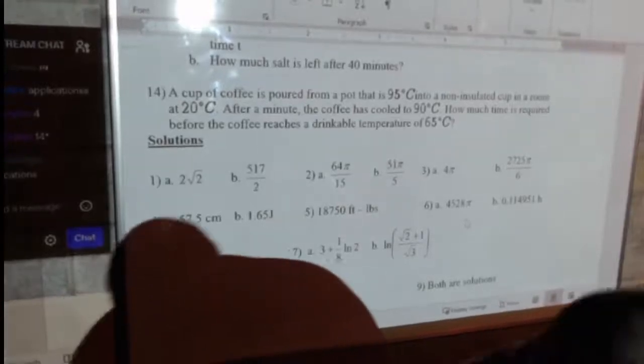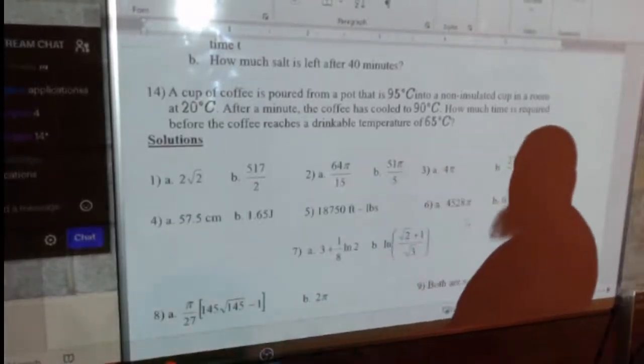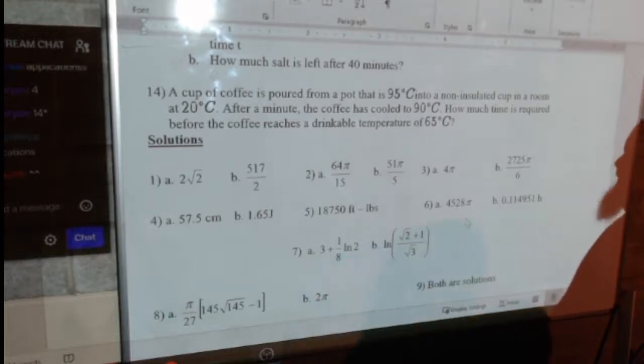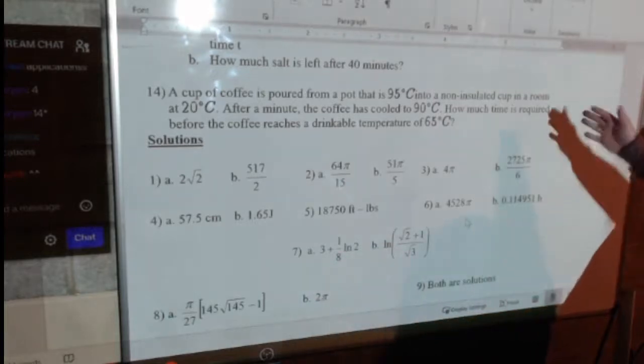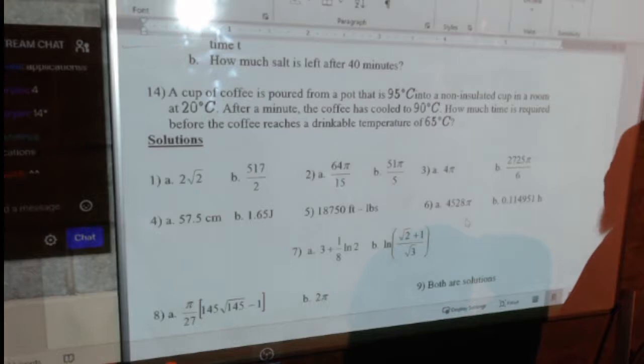Find it ironic you guys want to see 14. Didn't we just do those last time, I thought? All right, so 14 is an application. So let's go ahead and do that one.